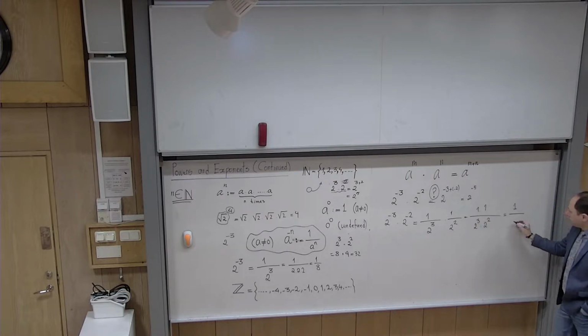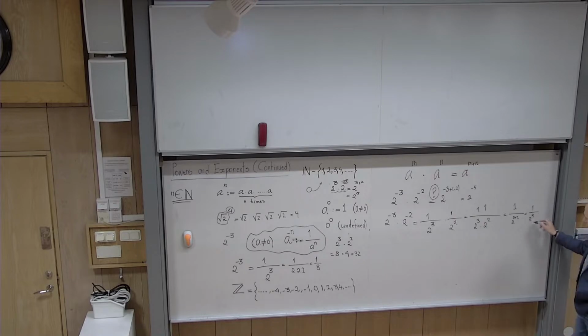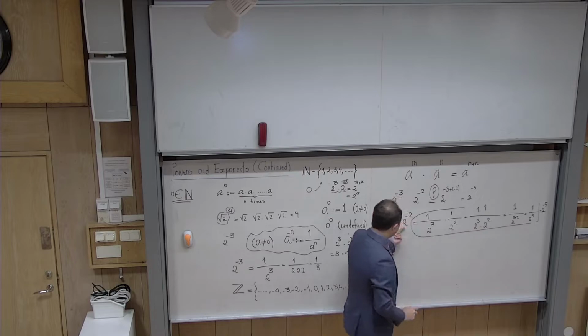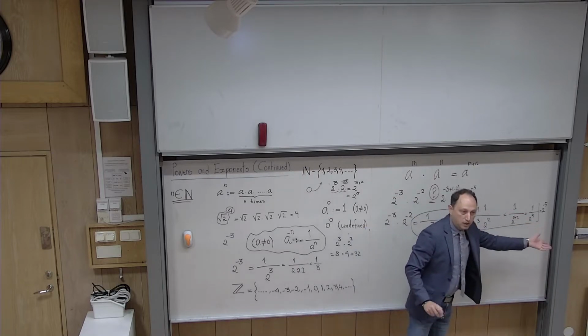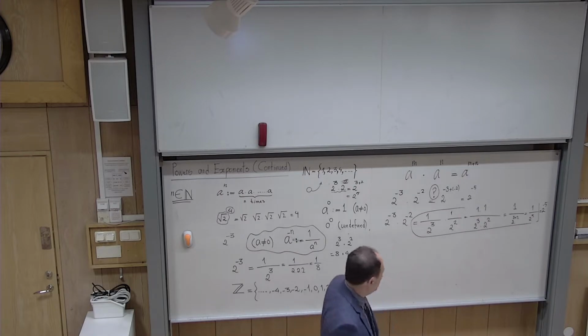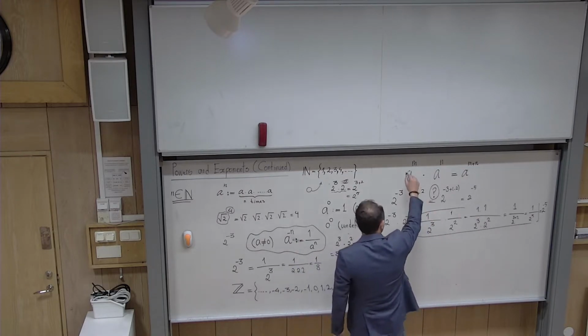So then it becomes 2 to the power of what? 3 plus 2, which is right. 2 to the power 5. But 1 over 2 to the power 5 is the same number as 2 to the power of minus 5. Now if you do not look in the middle, what happened? This becomes equal to that. So again, that is true. But you see that this is completely different from what I said. Okay, so that is rule number 1.